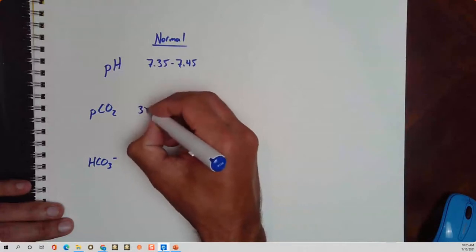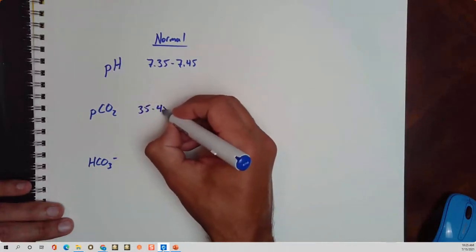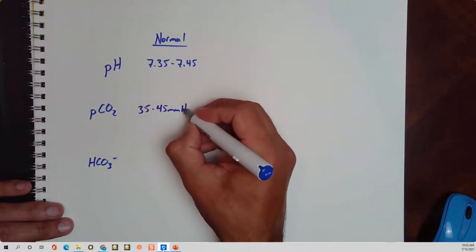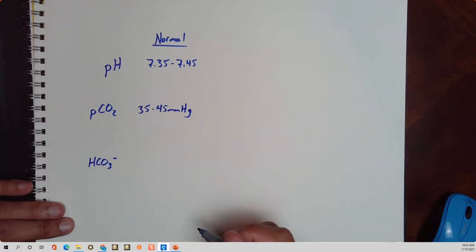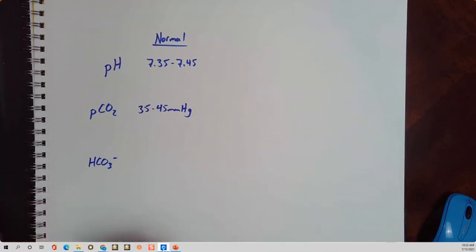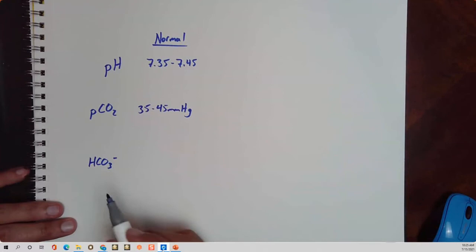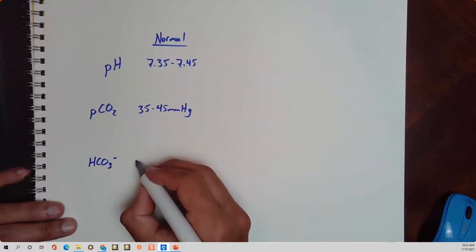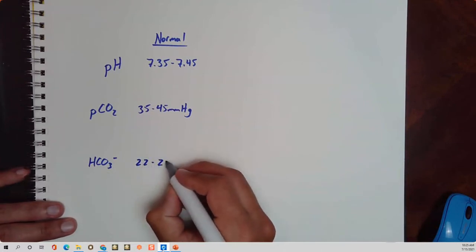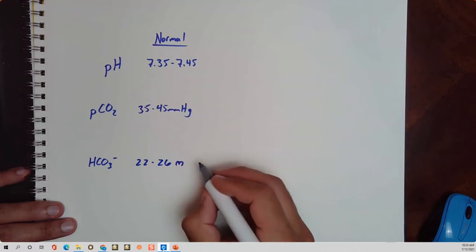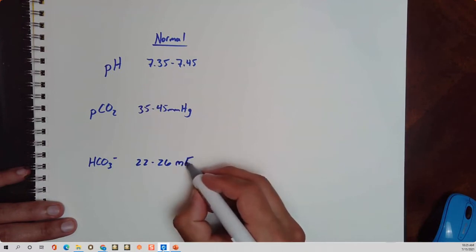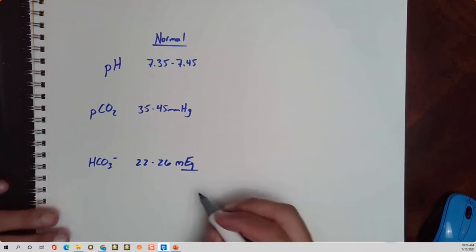We're going to know this number. You guys must know that range. Bicarb is a new value. You've never learned this before. It's 22 to 26 milliequivalents per liter.